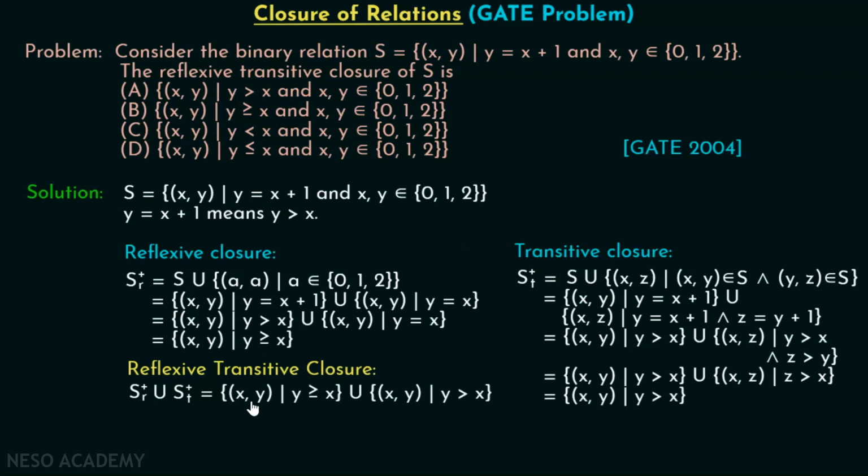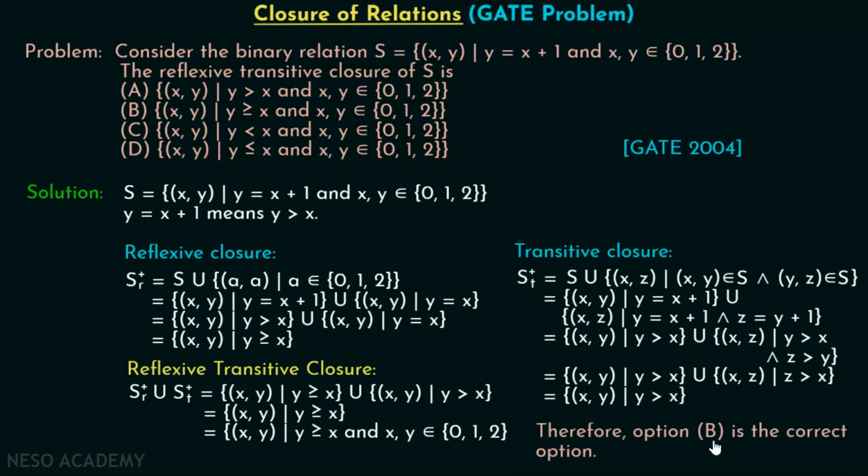This is nothing but the set of all ordered pairs x comma y such that y greater than or equal to x union with the set of all ordered pairs x comma y such that y greater than x. If we take the union of these sets, then we will get the set of all ordered pairs x comma y such that y is greater than or equal to x. Fine. This is equal to the set of all ordered pairs x comma y such that y greater than or equal to x and x comma y belong to 0, 1, 2, this particular set.